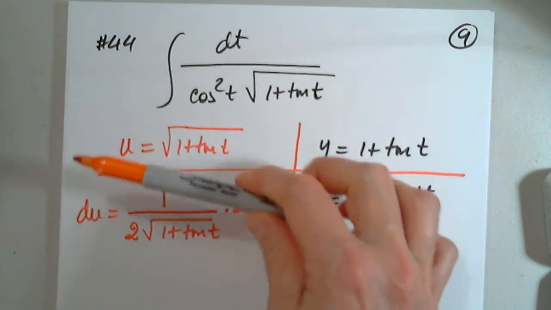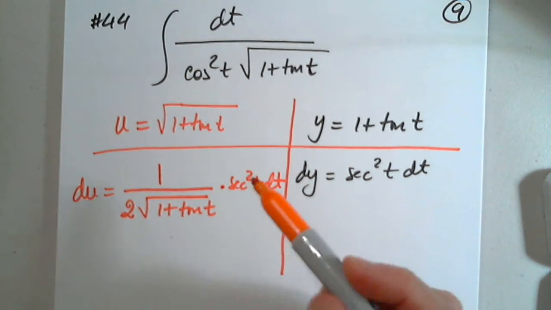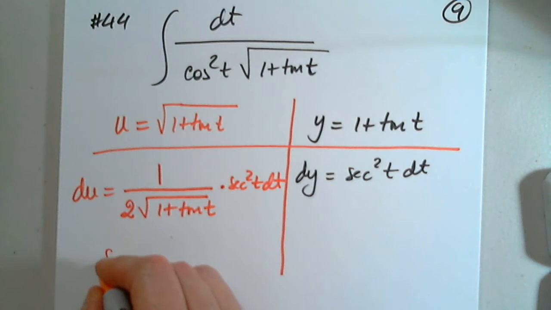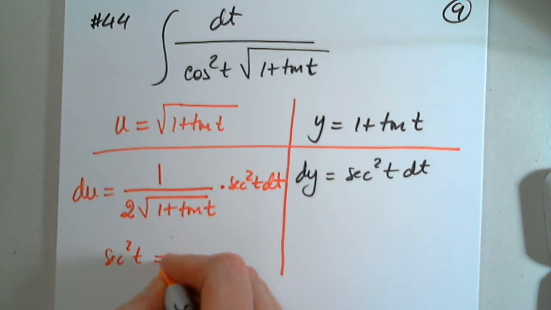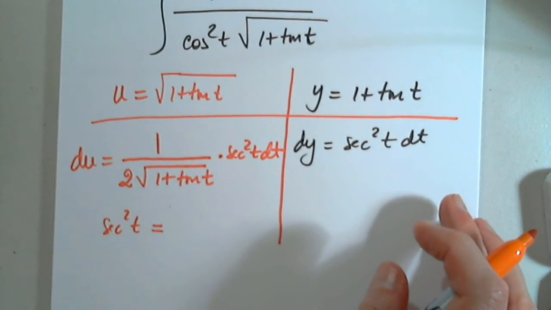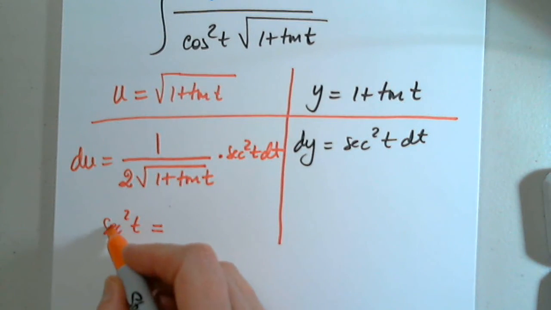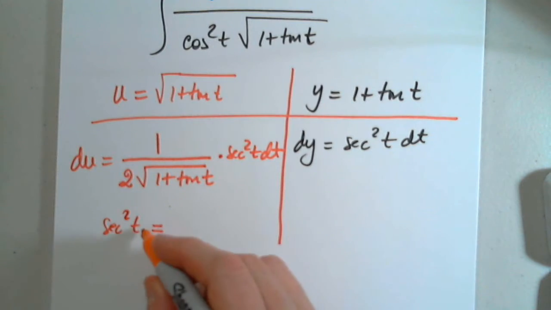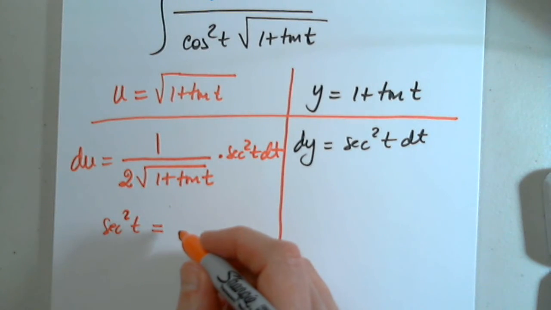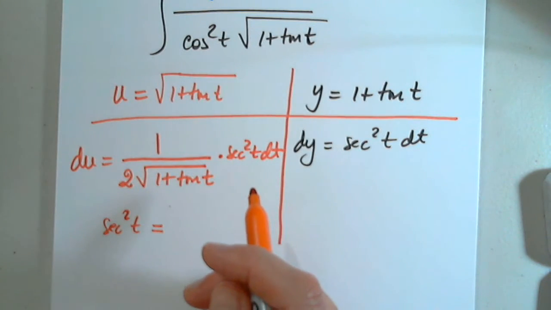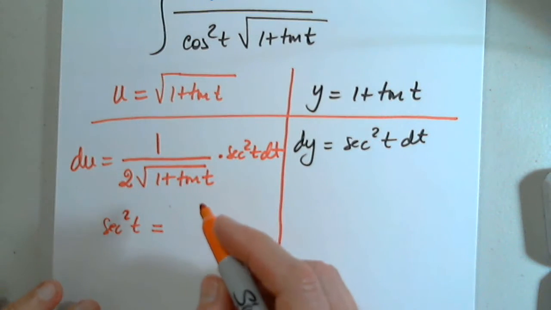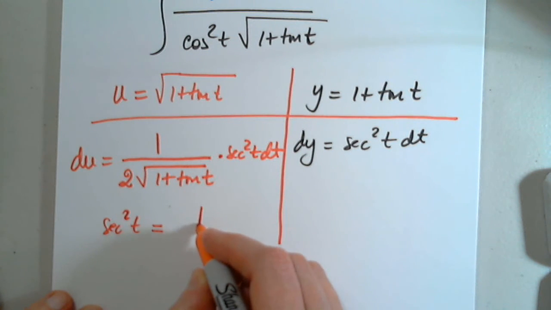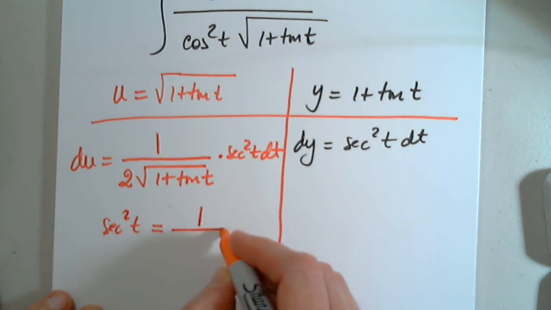Okay, so I'm going to continue with this. But we do know that secant squared has another way of writing. Is there another way of writing secant squared? Or secant itself, first of all, if that's what you want first. Tangent squared plus 1.